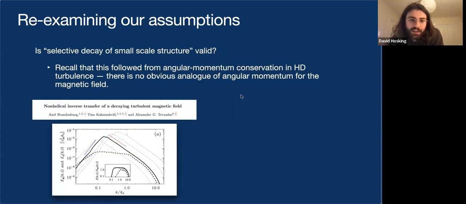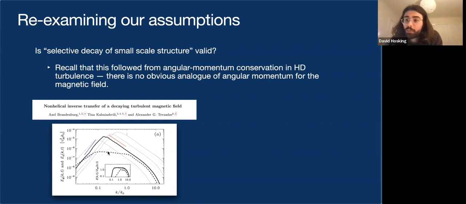And actually, it turns out that even in modern simulations, this 2015 paper by Axel Brandenburg and collaborators found that if you go to sufficiently high resolution, to large Reynolds number and large magnetic Reynolds number, this asymptote isn't conserved. Its apparent conservation in the earlier work was just a result of insufficient resolution, of insufficiently large dimensionless numbers.